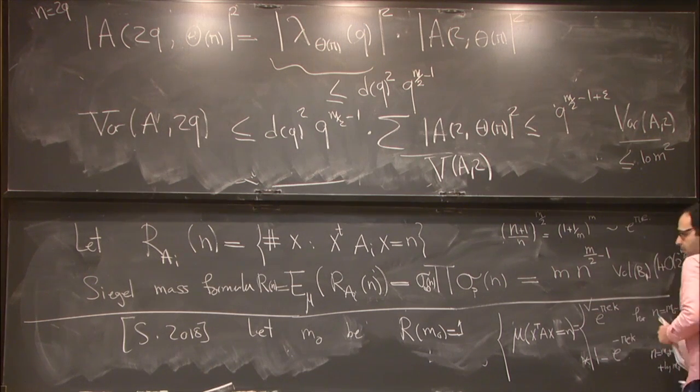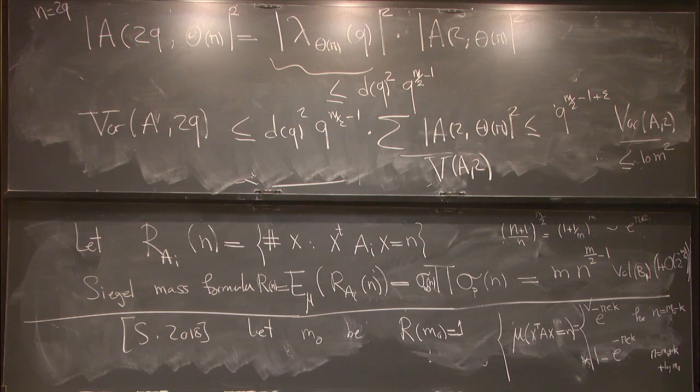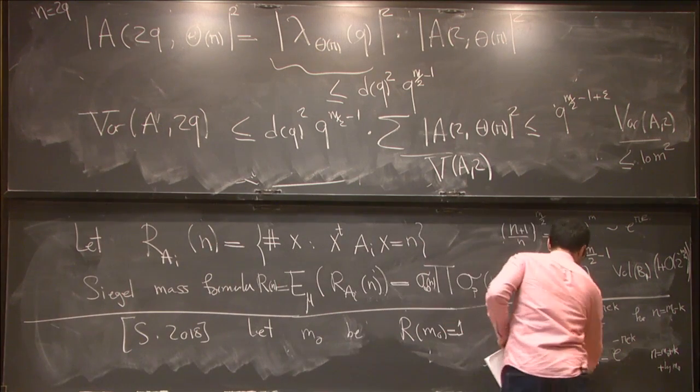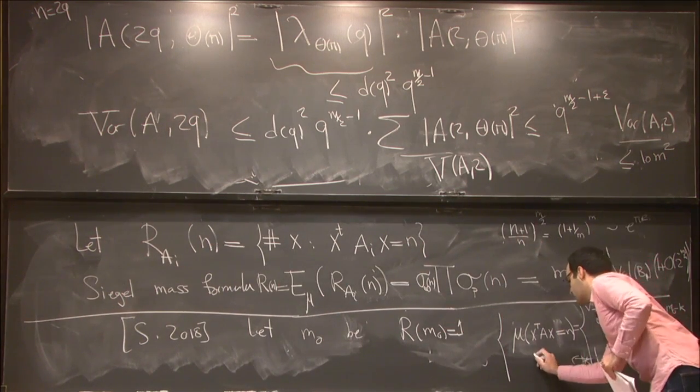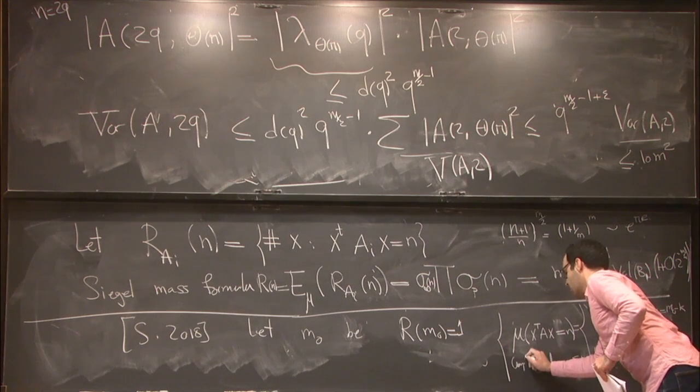So at the end, we're going to use a Chebyshev inequality. Let mu bad be the probability measure of the set where we are not representing, the complement of this set. So the bad set is the complement of this set.